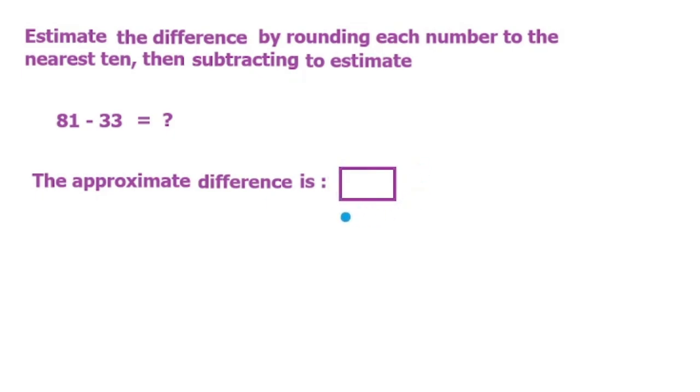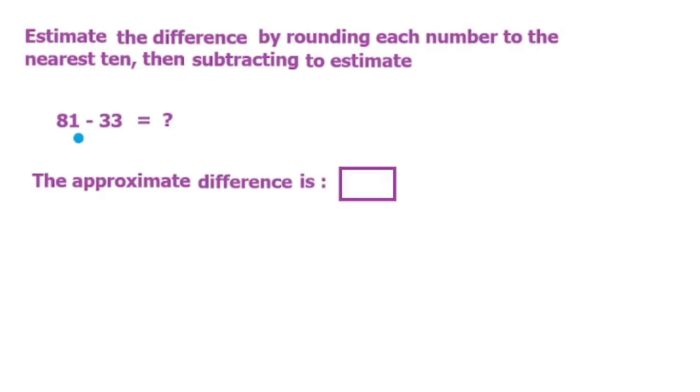So just remember that rounding to the nearest 10, this is the ones, this is the tens, remember? And so when we round to the nearest 10, we look over to the ones and we decide, is this 5 or greater?